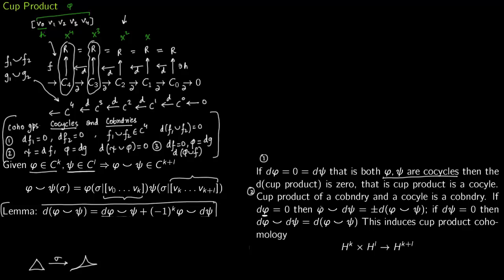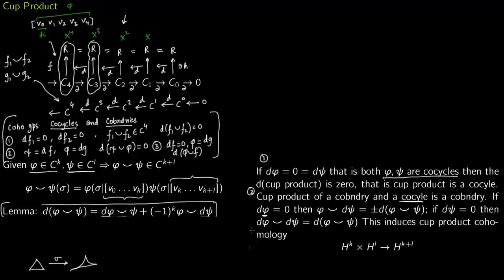So again, this phi was a co-cycle because d of phi is 0, and then you are taking the cup product with the co-boundary. Obviously d of something is a co-boundary, and so the cup product of a co-cycle and a co-boundary is again a co-boundary. On the other hand, you could have taken this term as 0. We could have taken d phi of this term as 0.